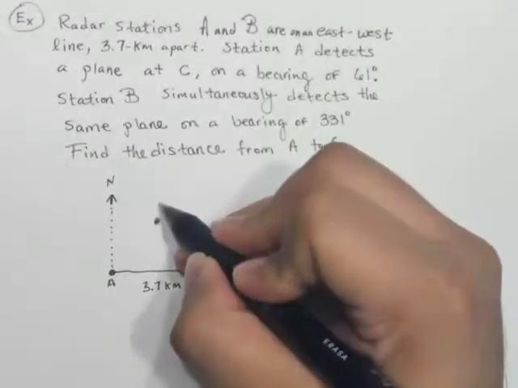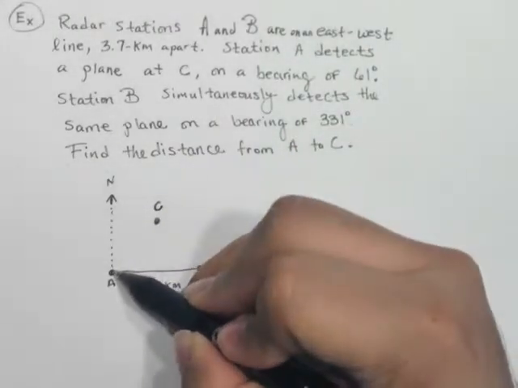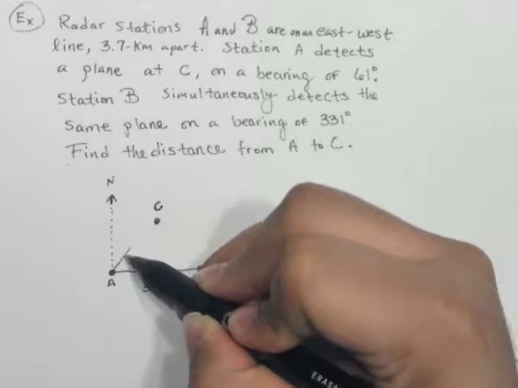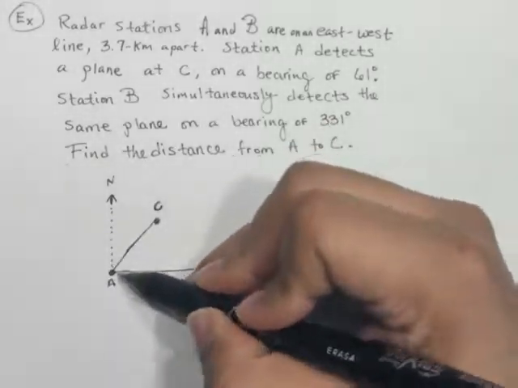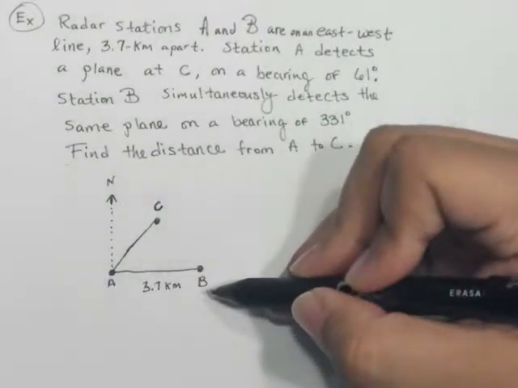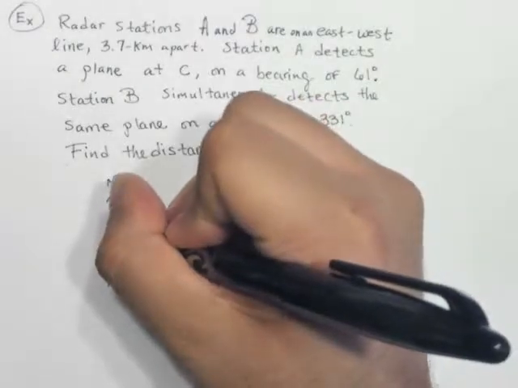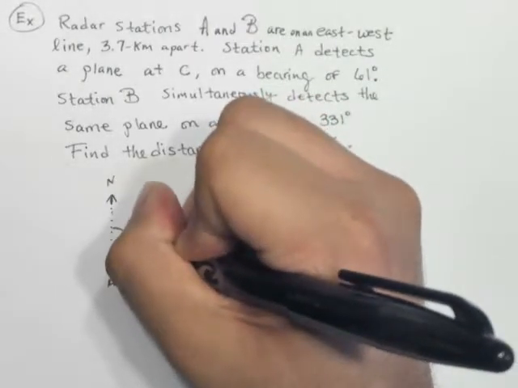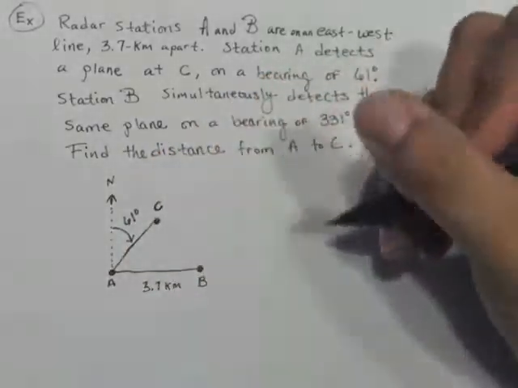The point C. There's the airplane. And I'm going to connect these. We know that the north line here is perpendicular to the east-west line, so this right here is a 90-degree angle, but we'll get to that in a second. This right here is the bearing of 61 degrees.